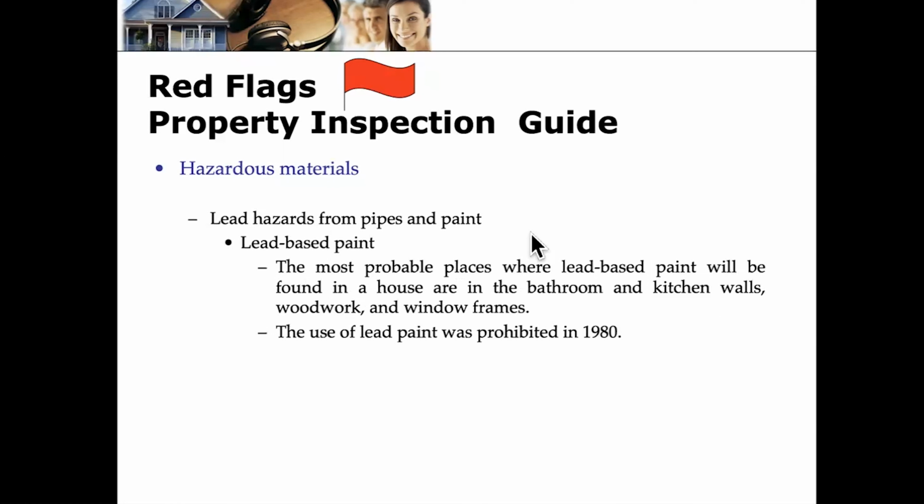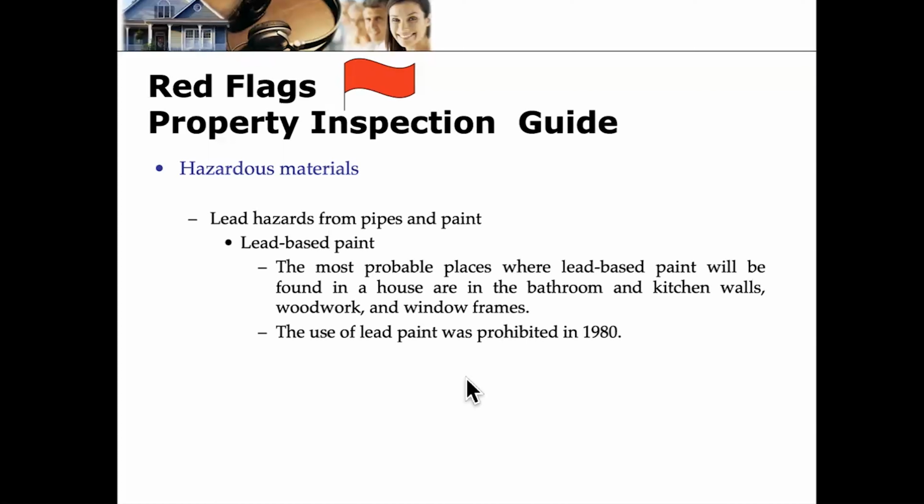But as for lead-based paint, the most probable places where it will be found in houses are the bathroom and kitchen walls, woodwork, and window frames. The use of lead-based paint was prohibited in 1980. So anything before 1980, and could be even after for a few years until the paint supply diminished, could have lead-based paint.